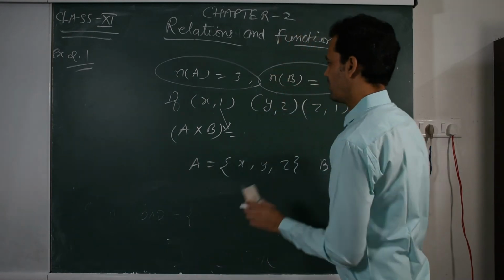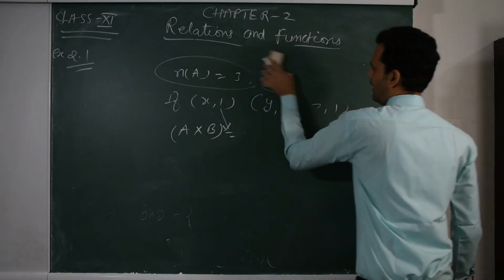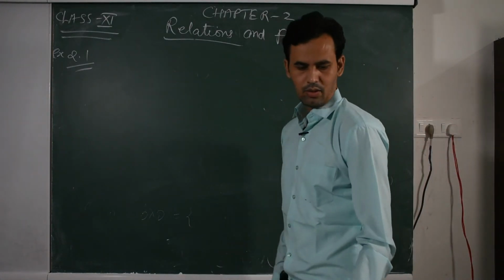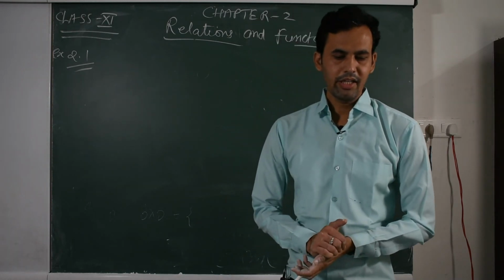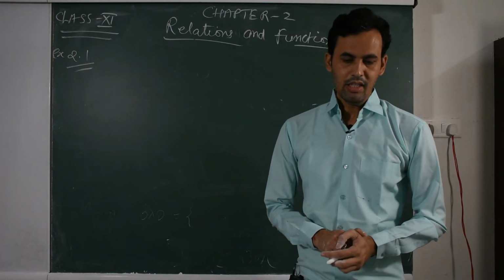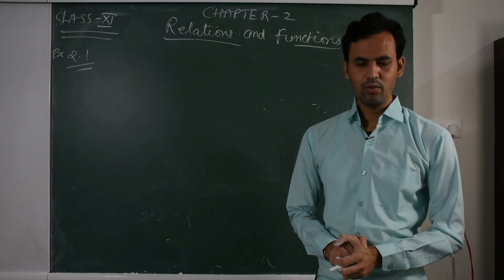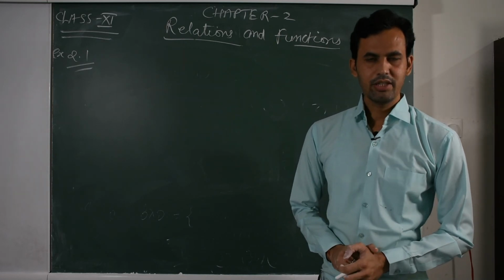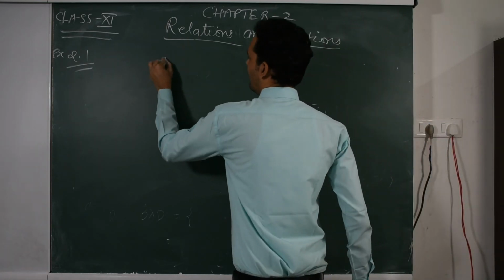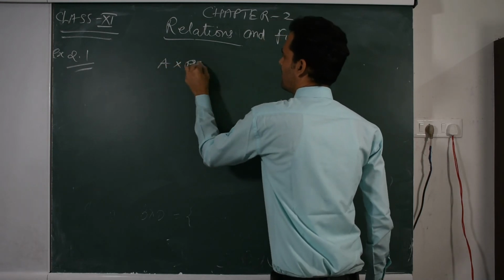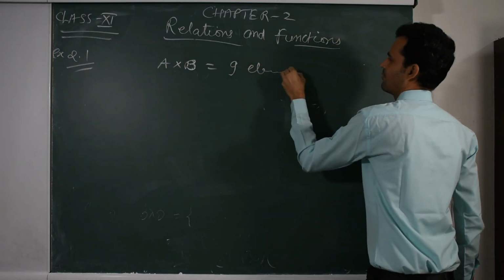Now the last question of this exercise 2.1, question number 10. The question is, the Cartesian product A cross A has 9 elements, among which are found (-1,0) and (0,1). So A cross A has 9 elements.